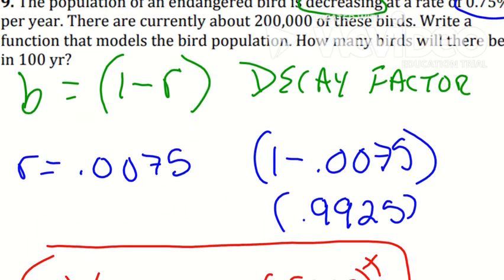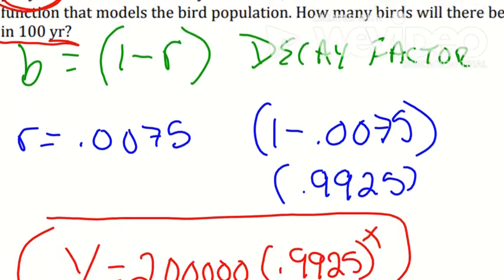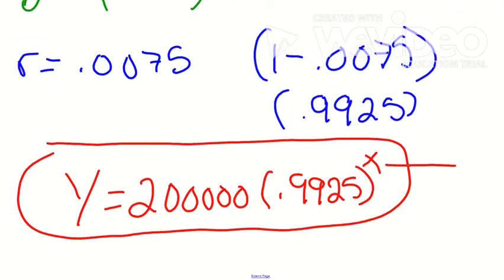The second part, how many birds will there be in 100 years? If this is decreasing at a rate of per year, then years is my time, which is going to become my exponent.